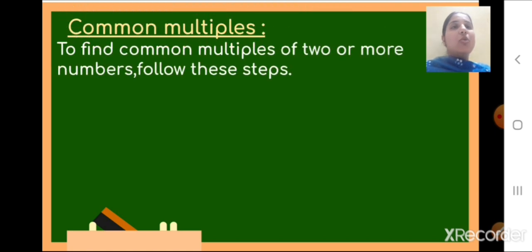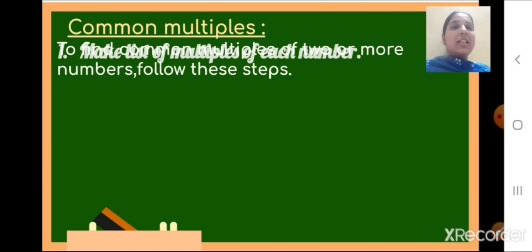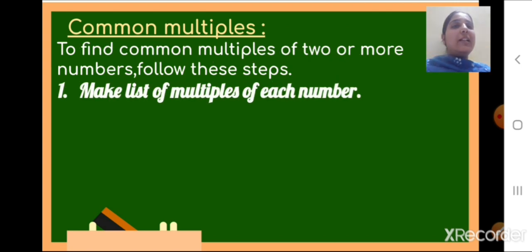Suppose two or more numbers are being given and we have to find their common multiples. So how will we find them? There are a few steps that we have to follow. The first step is to make a list of multiples of each number.